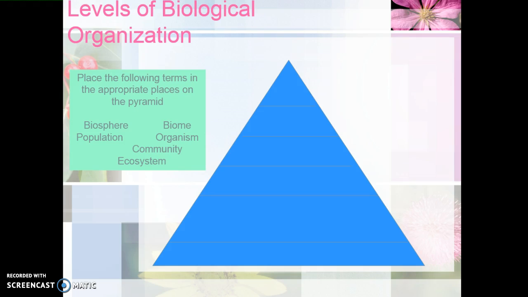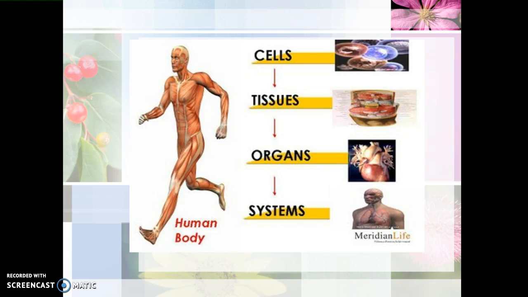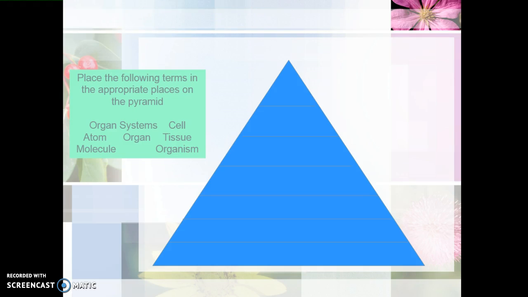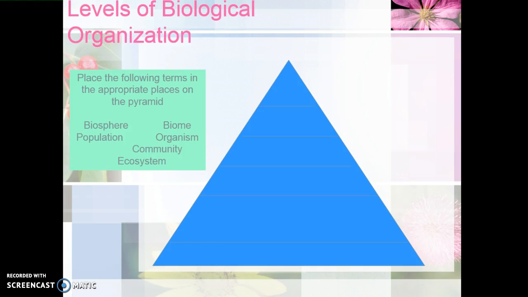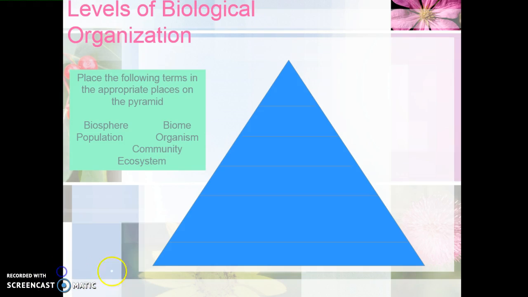Okay, so when we look at biological organization, oh, sorry, I thought I had those written in. We would be able to write these in, and if you have your notes packet, you'd be able to fill these in as well. Our levels of biological organization, starting from the biggest category, begin with the biosphere, which fills in this largest category down here. Let me try to get the pen up here.